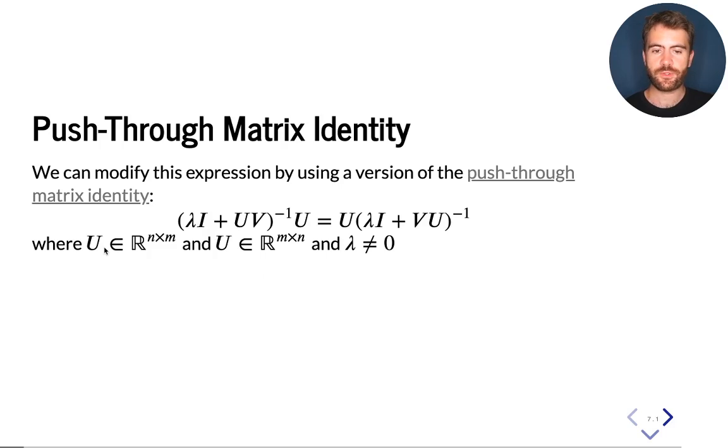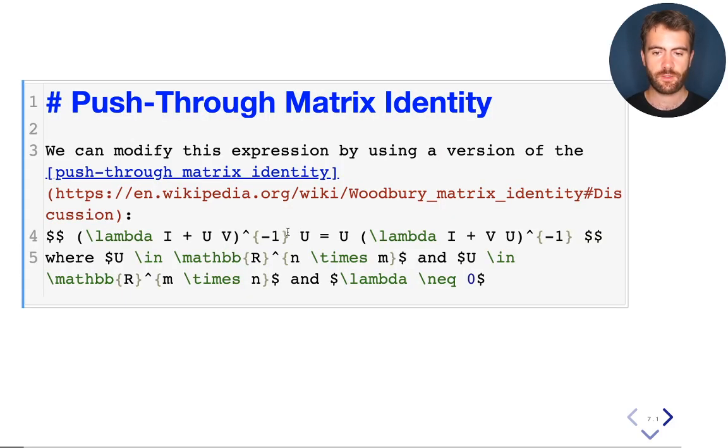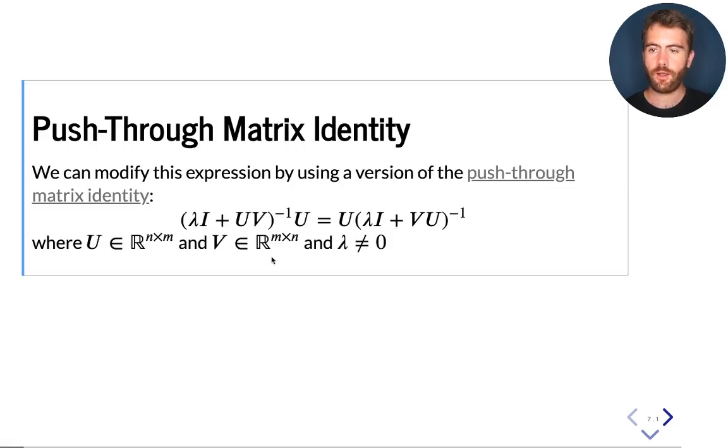The idea behind the push-through matrix identity is as follows. Suppose we have two matrices U and V. Then the following identity holds. Here I have an inverse of this matrix times U, and it turns out that I can move U to the other side and flip the order of V and U, and this will be the same.